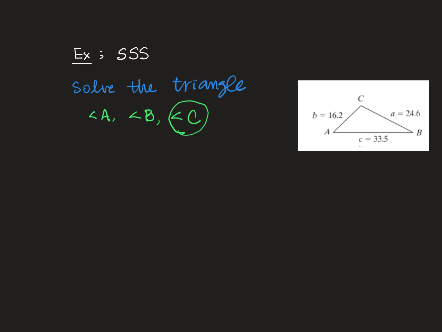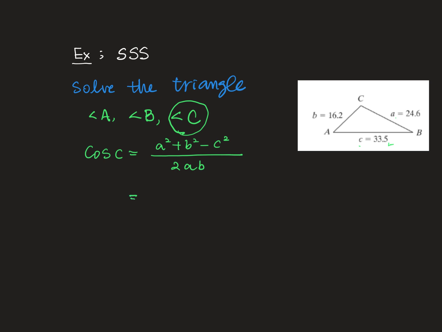How can we find angle C? Here we have to use the law of cosines. So cosine C is a squared plus b squared minus c squared over 2ab. Keep in mind, pick the longest side and find the corresponding angle.